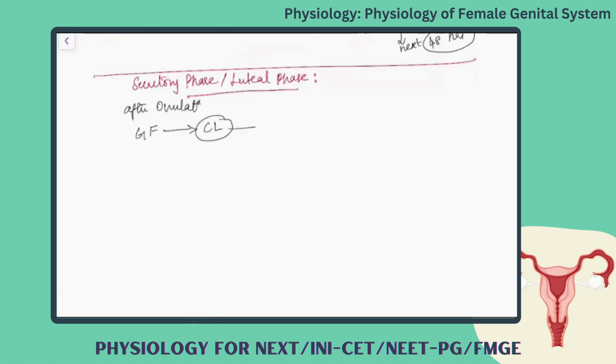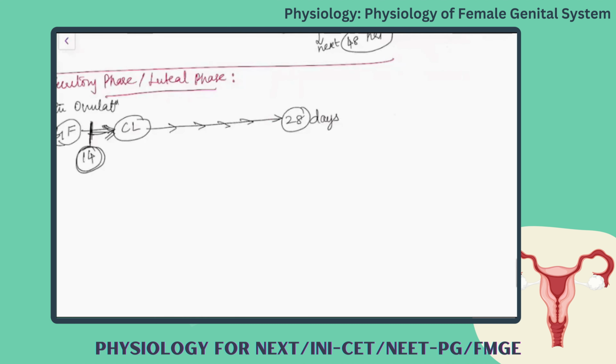Okay, and this will be maintained as the corpus luteum. Here is day 14, ovulation. After ovulation, you are getting the Graafian follicle as the corpus luteum. And this will go on up to how many days? 28 days of the menstrual cycle.